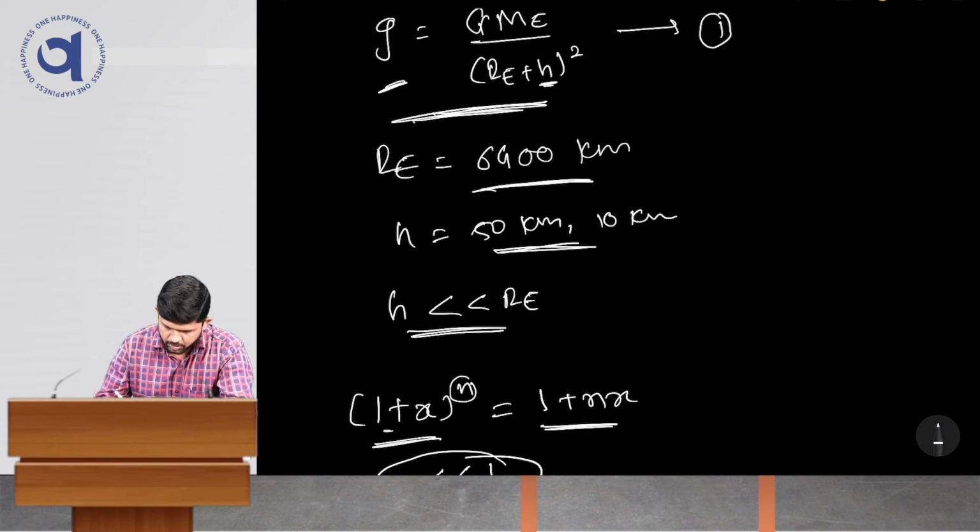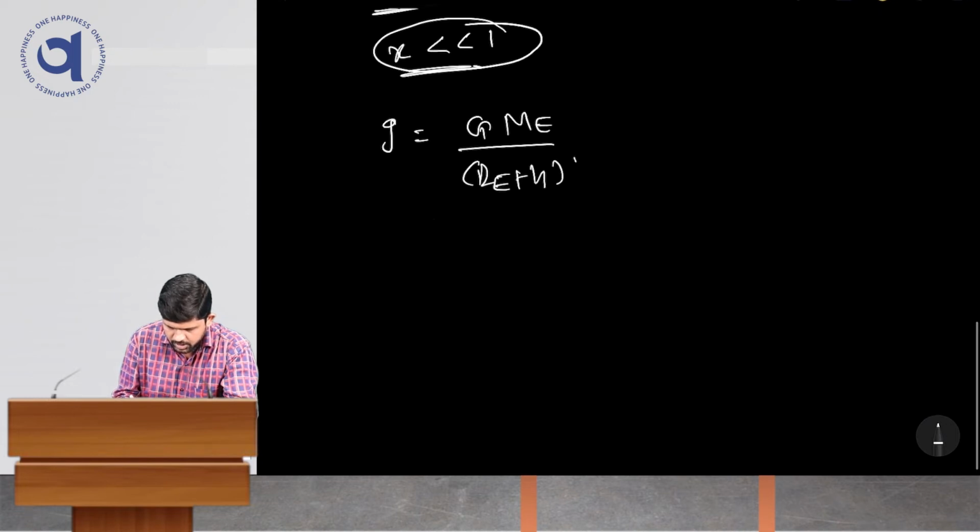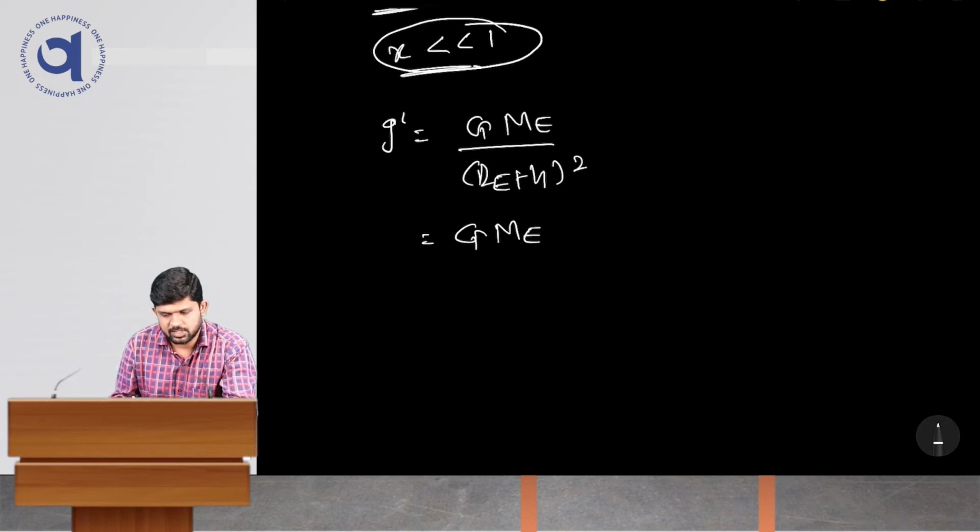See, this equation we can modify like this. The equation of g is equal to G me divided by (re plus h) square. Let us call the new gravitational acceleration at some height g dash.